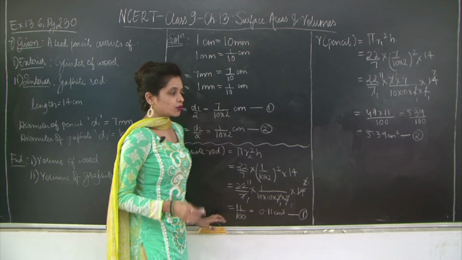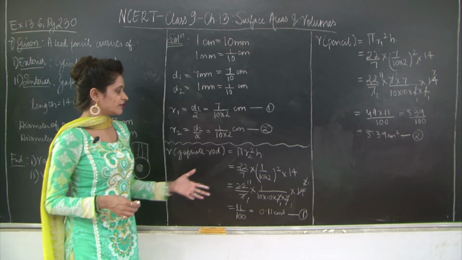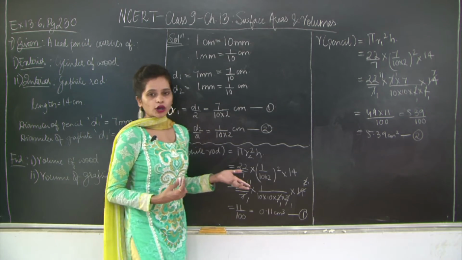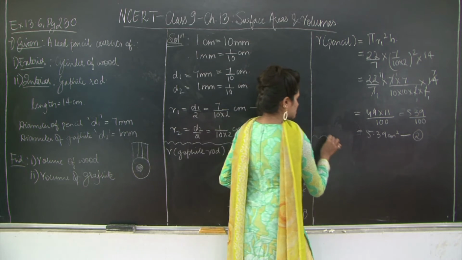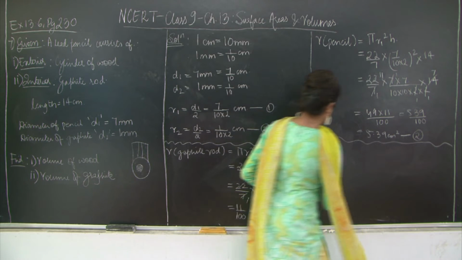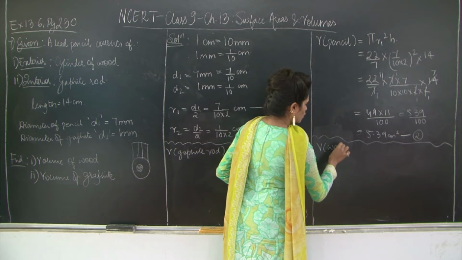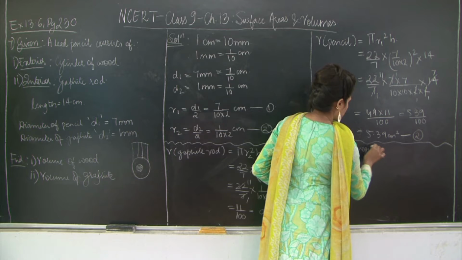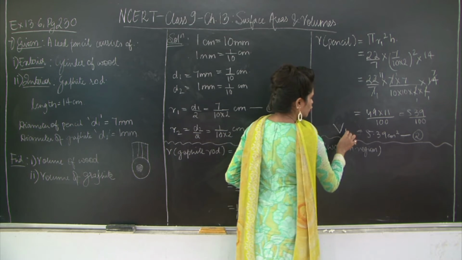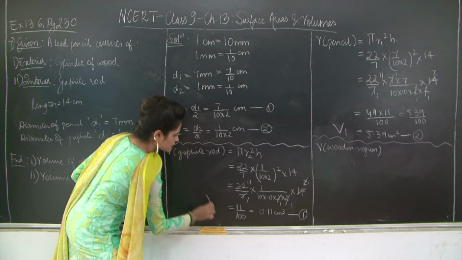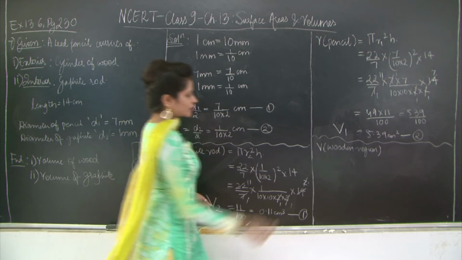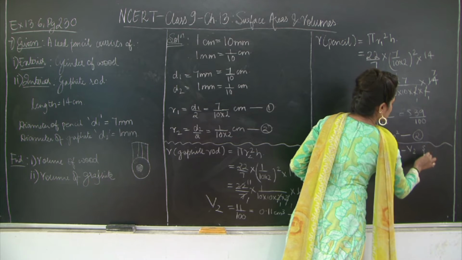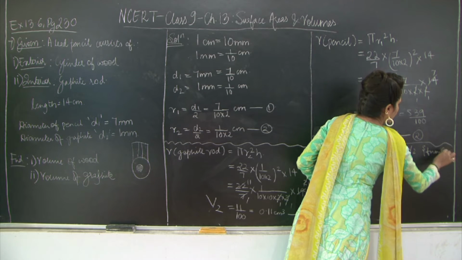So what is the volume of the wooden region going to be? The volume of the wooden region is going to be 2 minus 1. That is the volume of the entire pencil minus the volume of the graphite rod. So I'll say volume of wooden region, let's mark this as V3, is going to be equal to V2 minus V1, from 1 and 2.